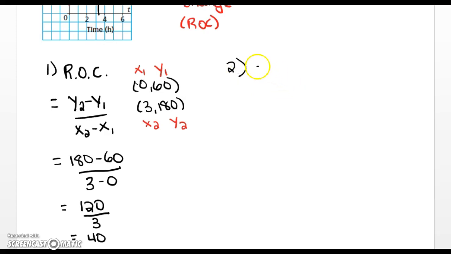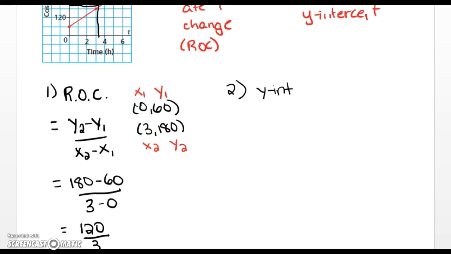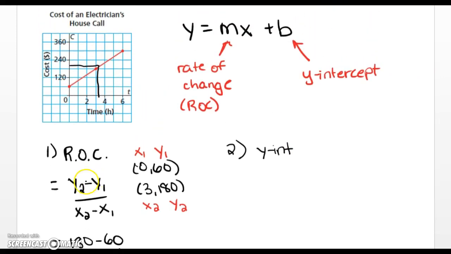Our second part is that we need our y-intercept, which is our b value. That one we can actually just see from our graph. We're looking at the y-intercept, so you have to look at the y-axis and see where your graph intersects it, which is at this coordinate right here. It's at (0, 60), which tells us that your b value is equal to 60.